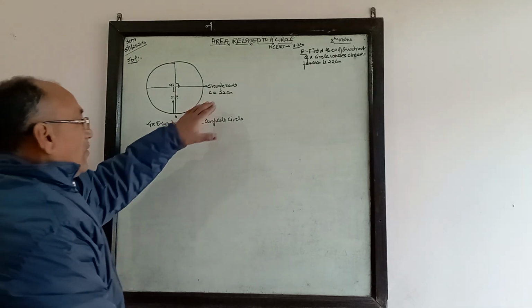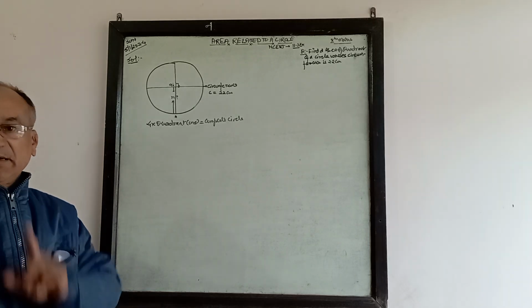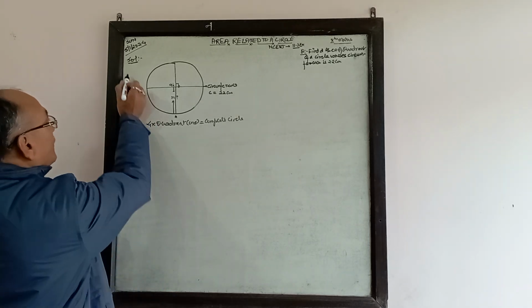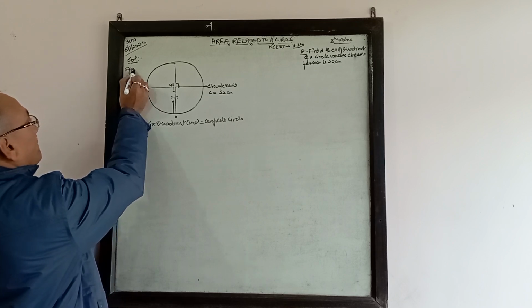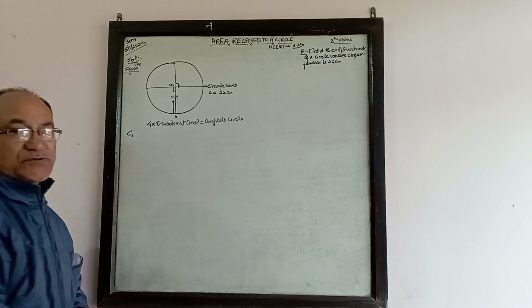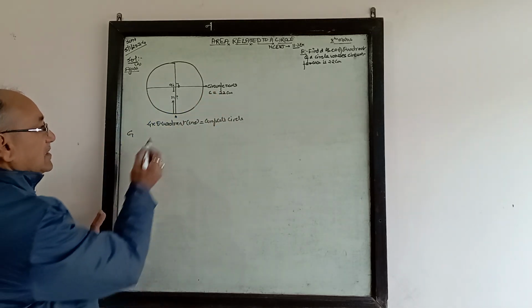Yes, sir. So on the basis of the circumference, first we have to find out the radius. So now see, you write given first. First we have made the figure. Already we have shown that the radius we have to find out on the basis of the circumference. So now look at this.